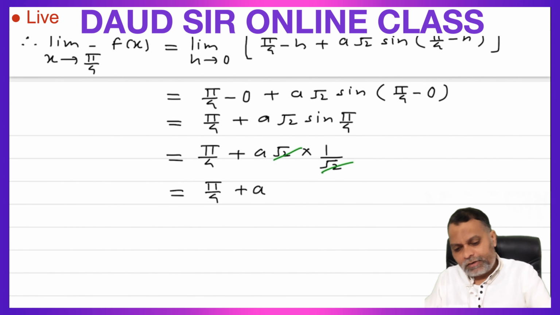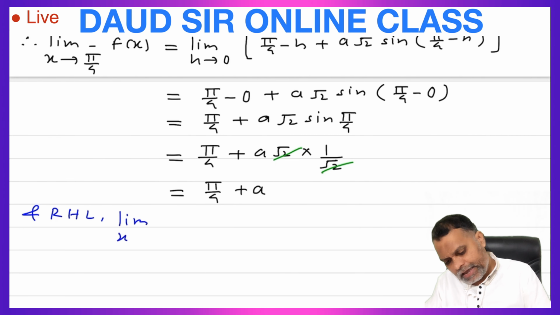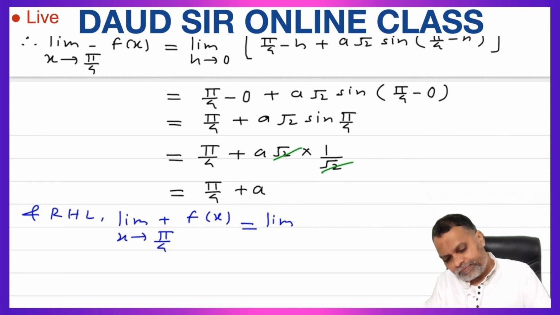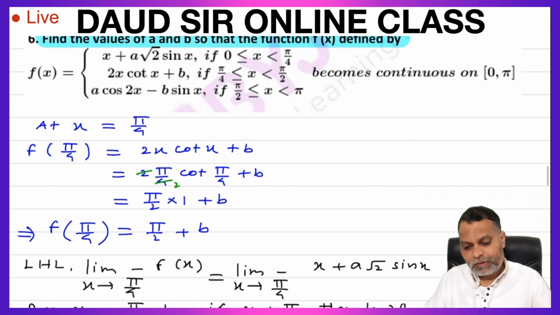Now the right hand limit x tends to pi by 4 plus f of x is equal to limit x tends to pi by 4 plus, where x is greater than pi by 4.